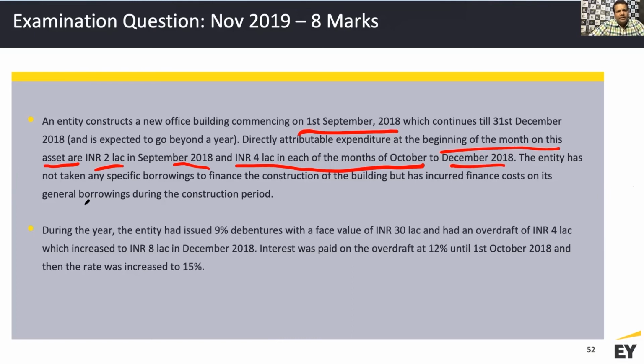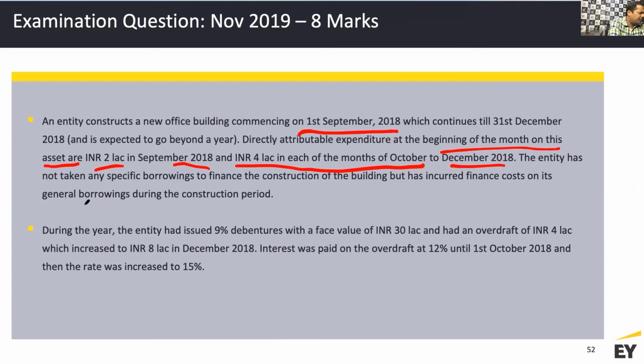During the year, the entity had issued 9% debentures with a face value of INR 30 lakh and had an overdraft of INR 4 lakh, which increased to INR 8 lakh in December of 2018. Interest was paid on the overdraft at the rate of 12% until 1st of October 2018, and then the rate was increased to 15%.